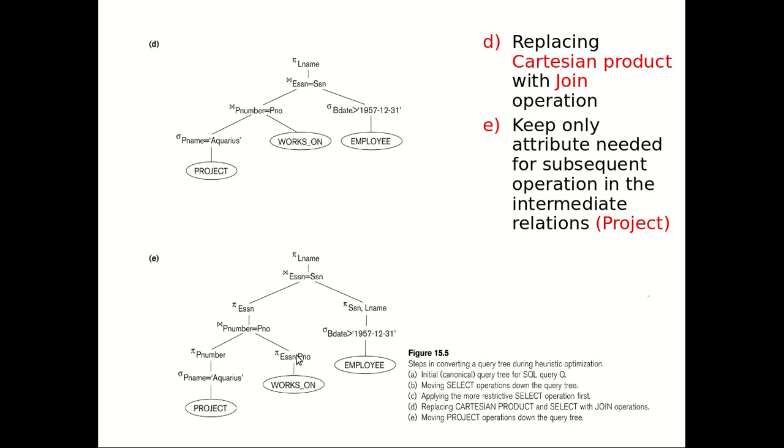If it is not a natural join, it can have three attributes. P number is the same common attribute. If the common attribute is removed, then it will have only two attributes, ESSN and project number.